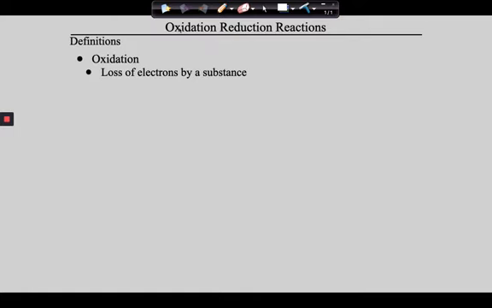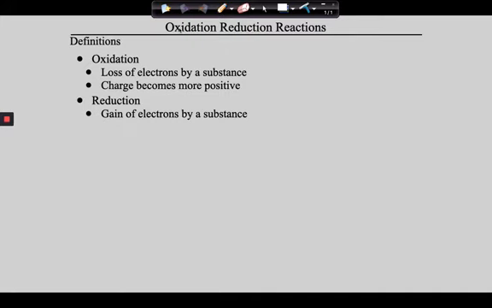Does it become more positive or more negative? More positive. So the thing that's losing electrons, its charge becomes more positive. Guys, that process is called oxidation. Now, not surprisingly, there is a competing process. That process is called reduction. I'm guessing I don't need to tell you that reduction is the gaining of electrons, and the thing that's gaining electrons, its charge becomes more negative.